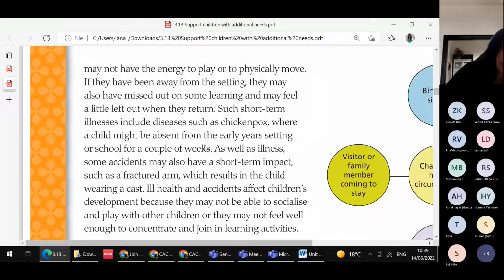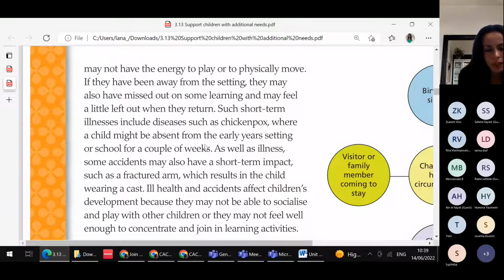Also, they might miss, as your colleague said, lots of classes. They wouldn't go to the nursery every day. They wouldn't learn as much as others. They maybe feel a little left out because all the children are going to the nursery every day while he's not able to go because he's ill. He's sitting at home. So all this is affecting the short term.